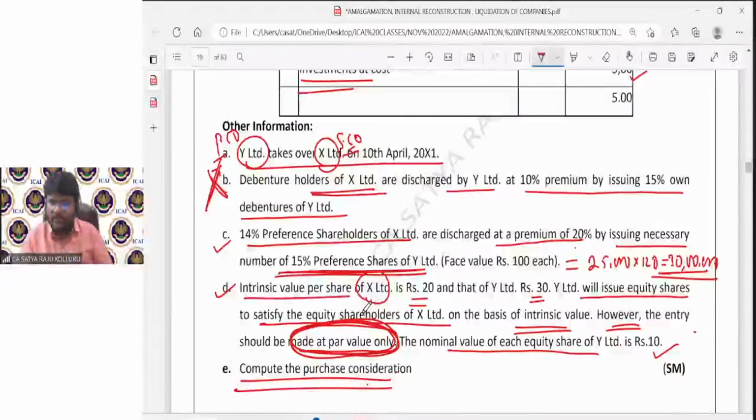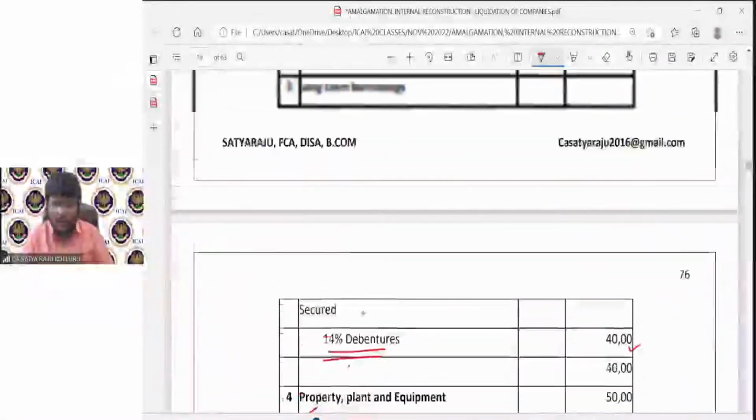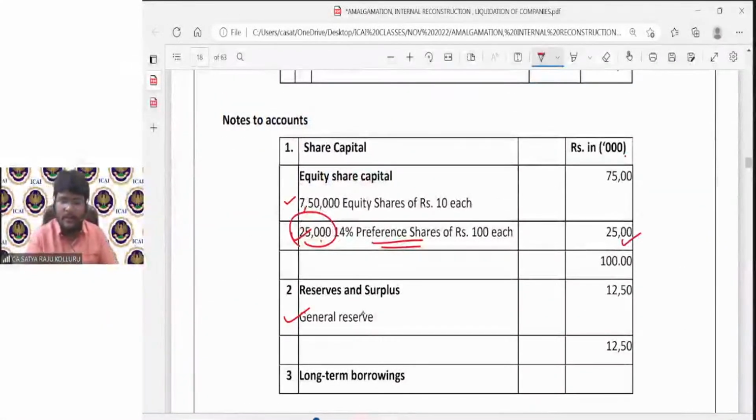Now read the information carefully. Intrinsic value per share of X Limited is 20. Sir, how much worth you need to pay? If you want to know, how many equity shares are in the books of the selling company? First, you need to check. If you check, the number of equity shares in the selling company was given as 7,50,000.